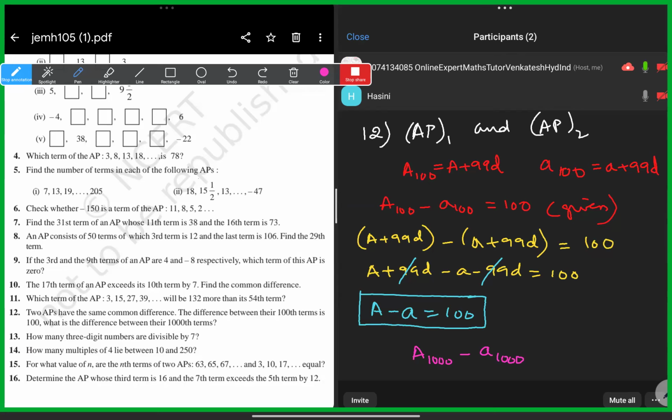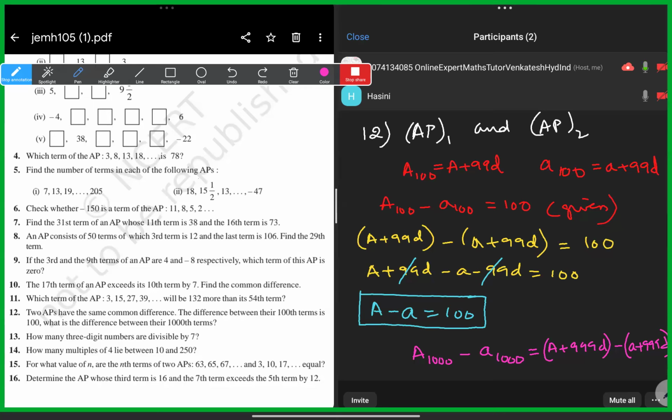Small a 1000 is the 1000th term in the second series. So it will become capital A plus 999 D minus small a plus 999 d.